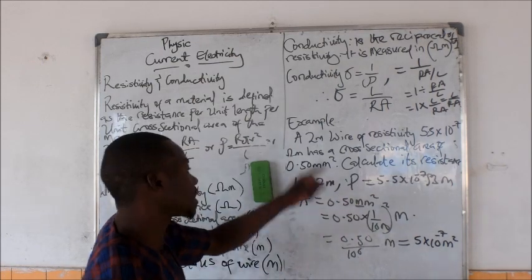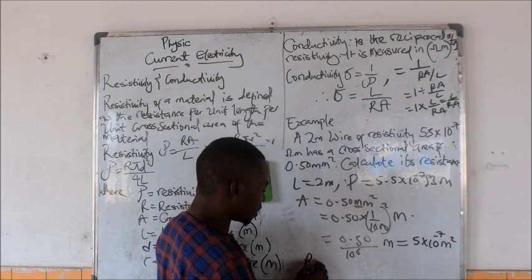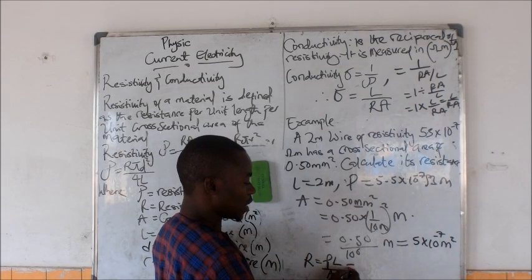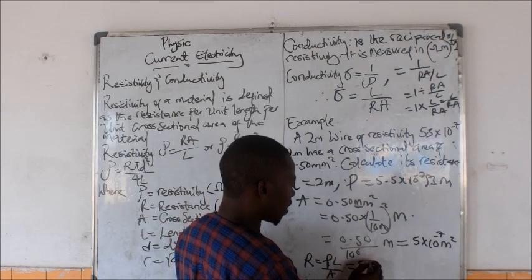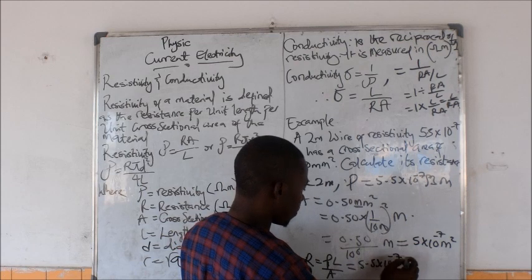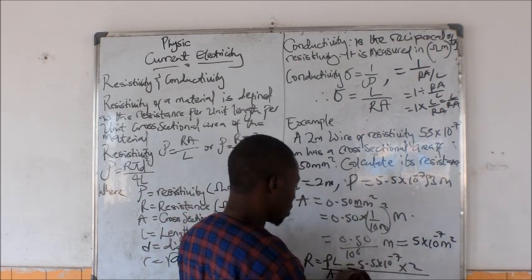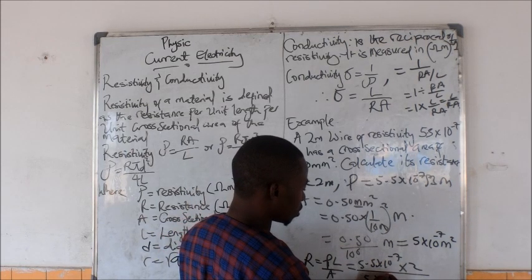You want to get the resistance of the material. Normally, the resistance of the material is equal to the resistivity multiplied by length divided by area. What is your resistivity? 5.5 times 10 to the power minus 7, multiplied by your length, which is 2, divided by your area, which is 5 times 10 to the power minus 7.